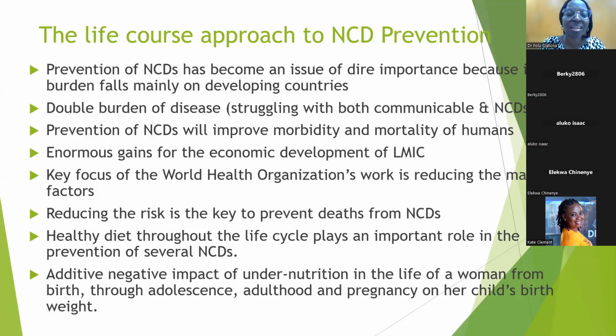And it's good to know that there's an additive negative impact of undernutrition in the life of a woman from birth through childhood, adolescence, to adulthood. So what that statement is saying is that if somebody is undernourished, even as a baby, it will affect that person in adolescence, in adulthood, and continuously like that, compared to his or her counterparts who were not affected in childhood.